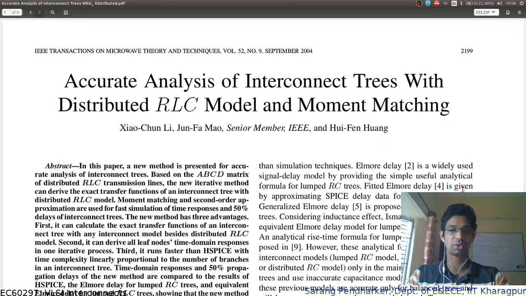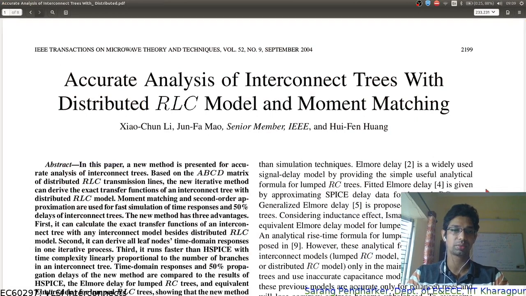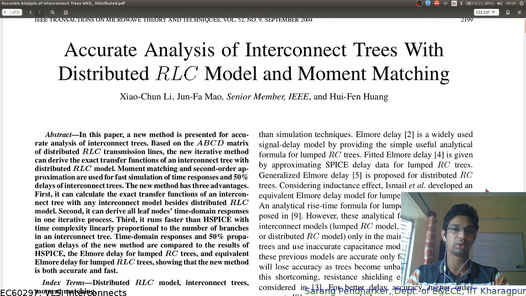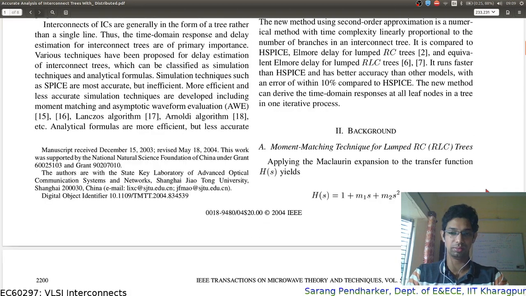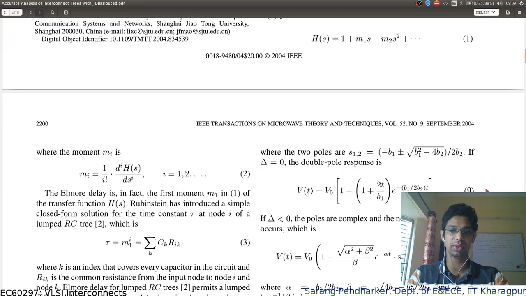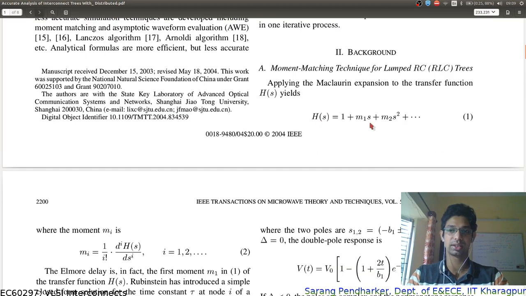Now let me show you another paper, which was published 2 years later. This is again doing the same thing, but extending it to RLC trees. They call it moment matching, but by moment matching what they mean is simply this: you have H of S given by this thing.